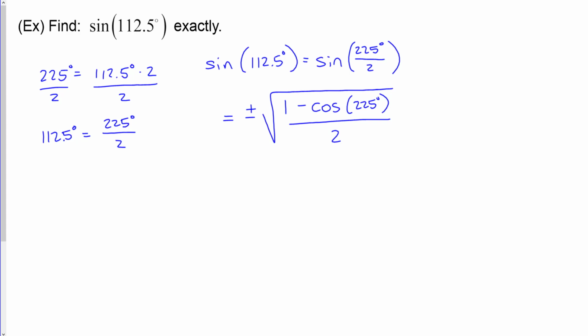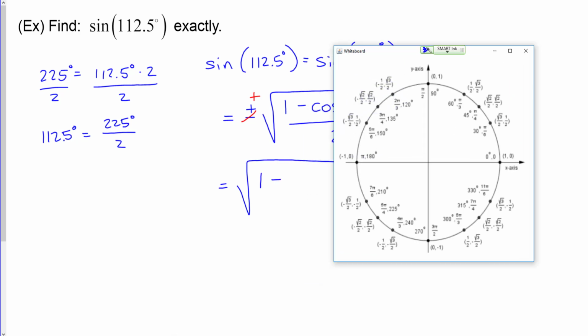Sine is positive in quadrant 2, so we're going to choose the positive. So it's going to be the square root of 1 minus cosine of 225. Well, let's grab our unit circle. Here's 225. The cosine is the x value here, so it's negative root 2 over 2.